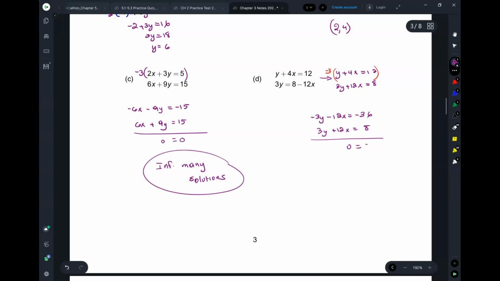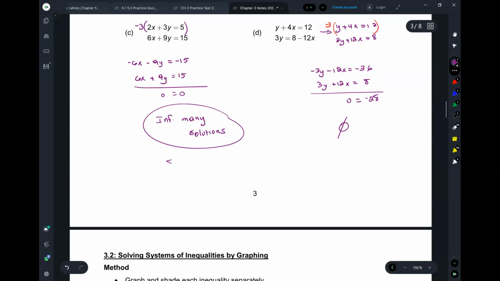Negative what? 28, right? When is 0 equal to negative 28? Never. So this is no solution. So what does that mean about how they look? Parallel lines. So these are the same lines, and these are parallel lines.